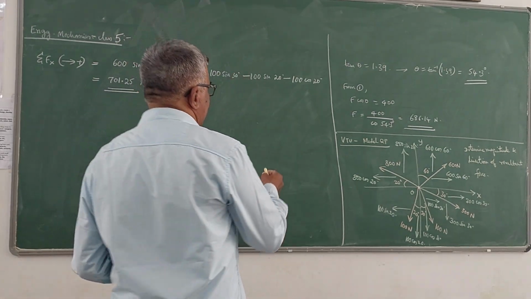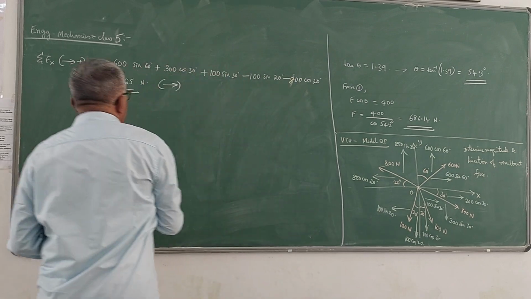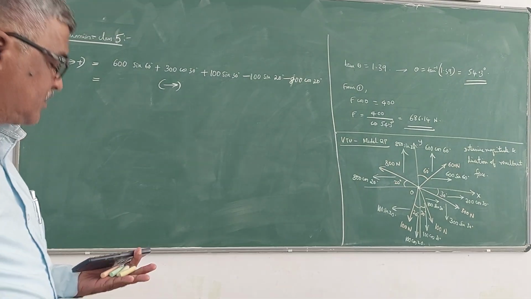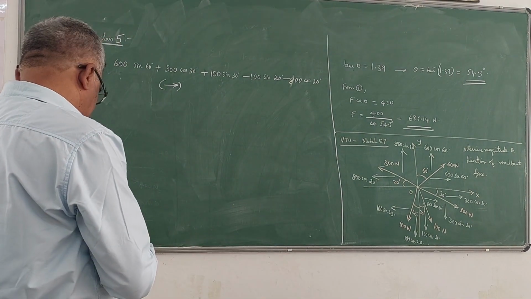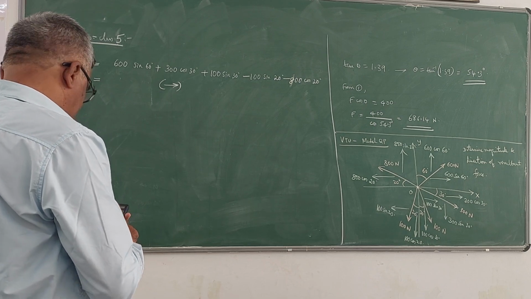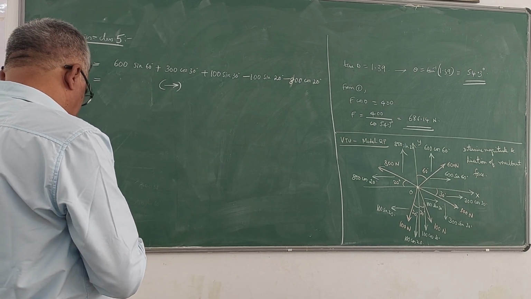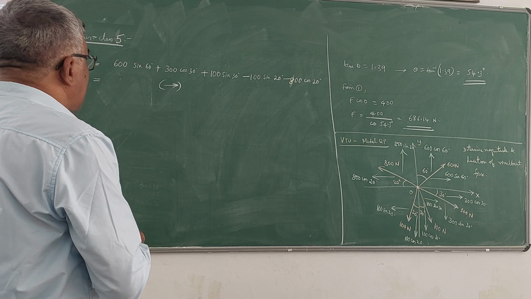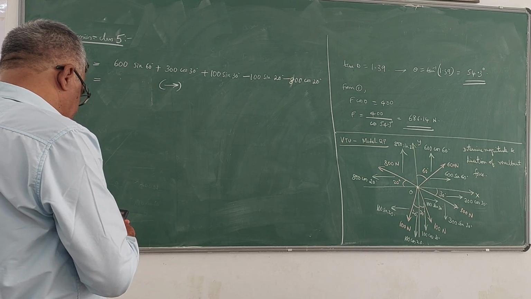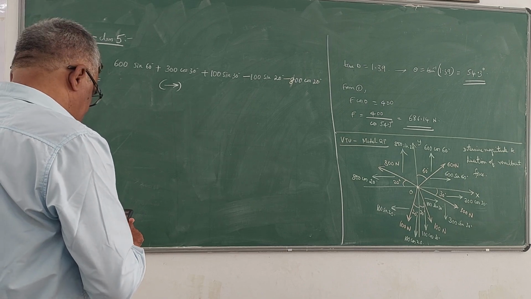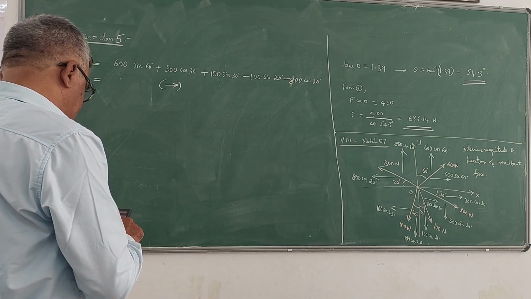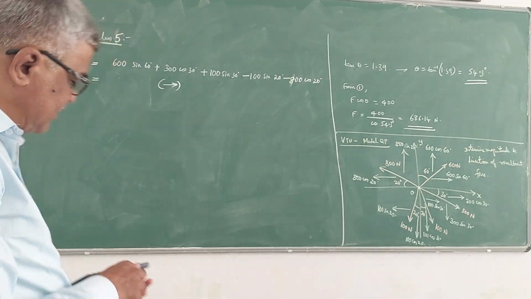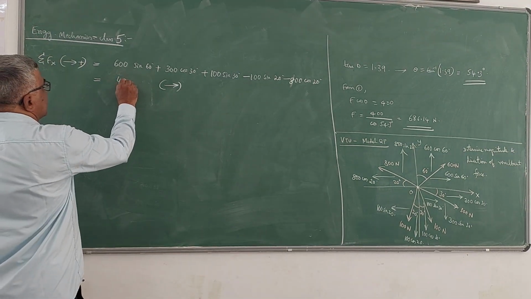Oh, sorry, this is 800. See, 600 into sin 60 plus 300 into cos 30 plus 50 minus 100 into sin 20 minus 800 into cos 20 is 43.47 Newton.